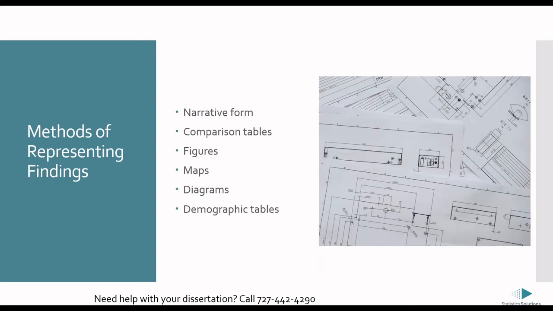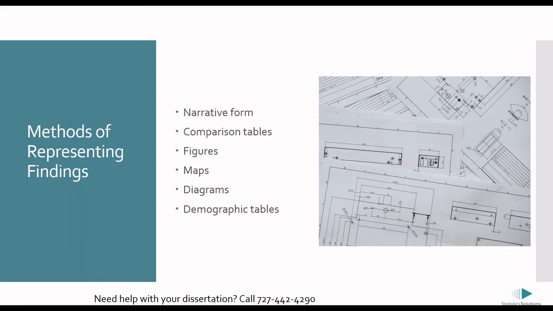Now, we present our findings oftentimes in narrative form. This is really the most commonly used in qualitative data because this makes sense, right? We're looking at words primarily. We might be looking at video, we might be looking at photographs, but usually it's words.